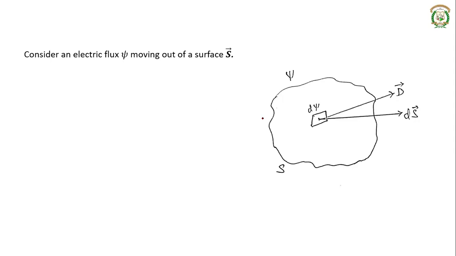Suppose this is the surface S. If psi is the total flux moving out of this surface, we will consider a small surface ds. This direction indicates the normal direction to this surface.